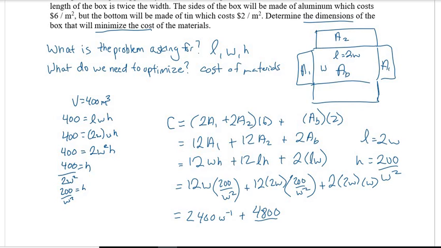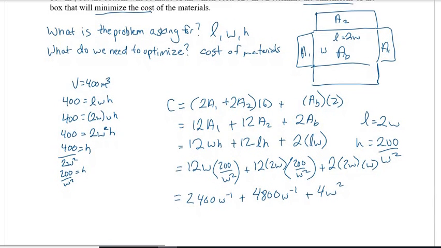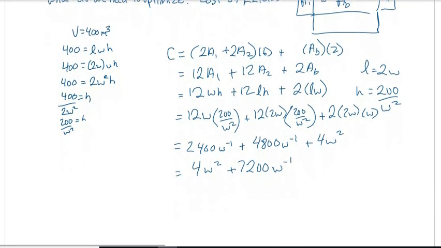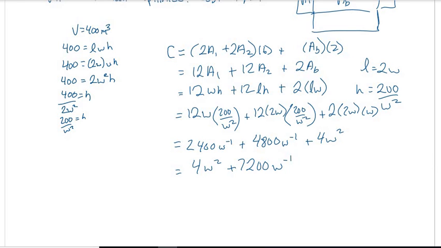And then we have w over w squared, so that's going to be divided by w, or w to the negative 1. And then we have 4w squared. So when we put that all together, it becomes 4w squared plus 7,200 times w to the negative 1. So now we have a function that represents our cost all in terms of the width.